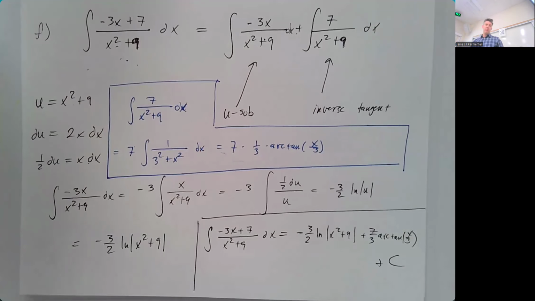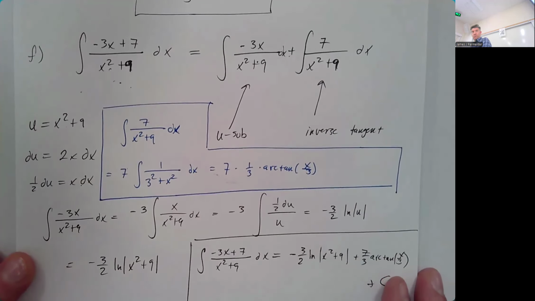I would say it's more likely to pop up when you're doing partial fractions. Like in the next, well, it's not going to pop up in the next problem. The next problem, I think, is a partial fractions problem. So any questions about this one before we move on to the next one?